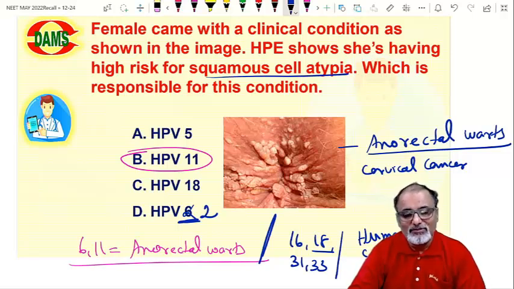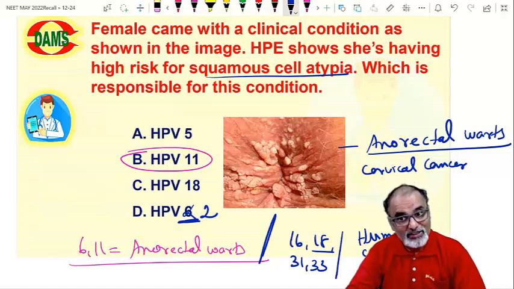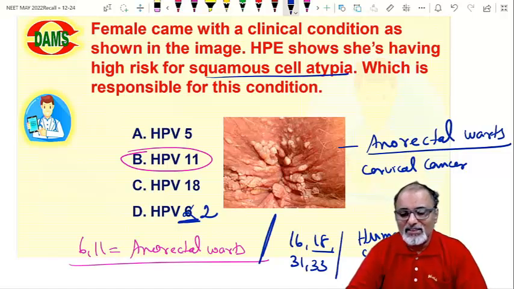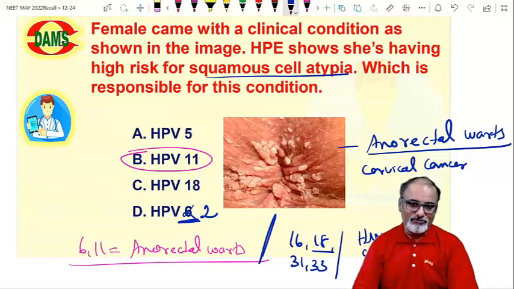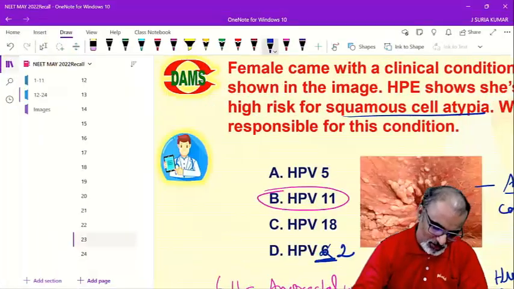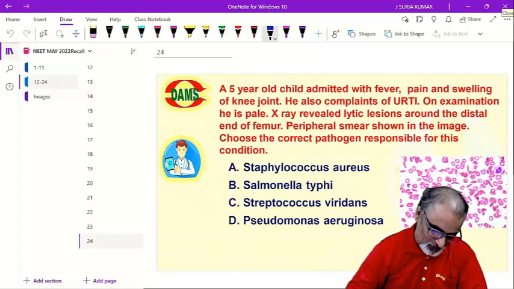So if it is anorectal wart, it is 6 or 11. Some people say yes, 6 is there. And second thing, if it is cervical cancer, that time the answer will be HPV 18, depending upon the question. One more controversial question is maybe the last question, the 24th question.